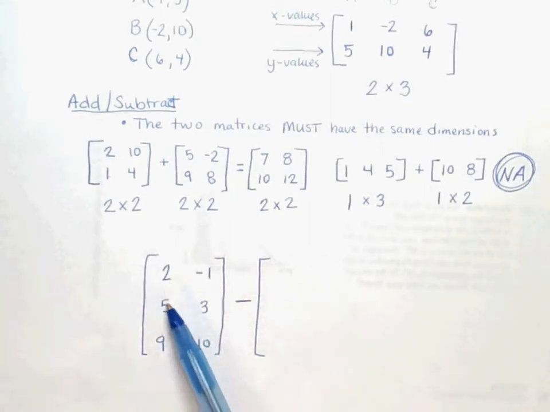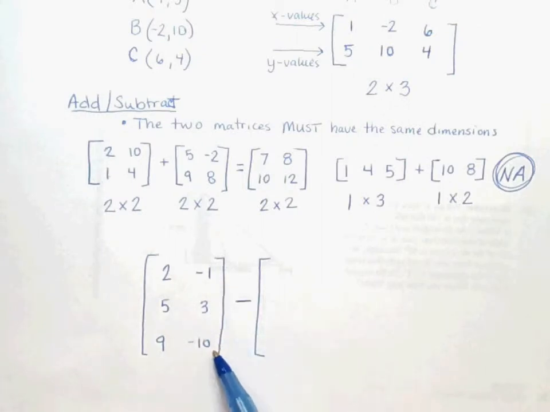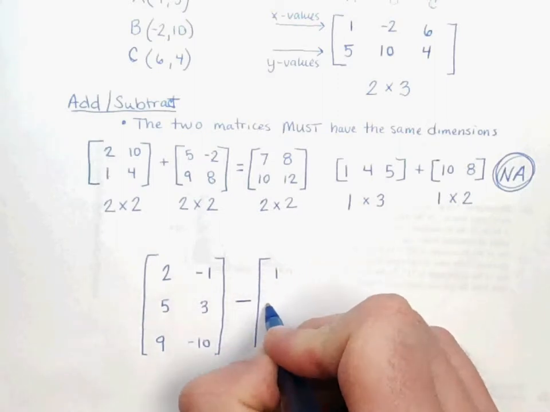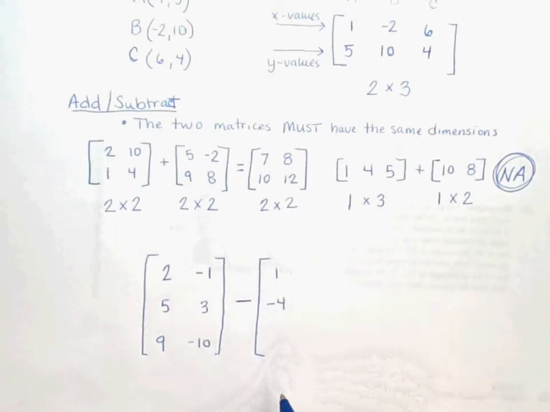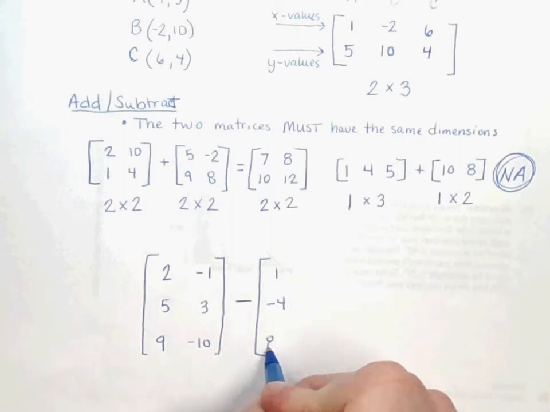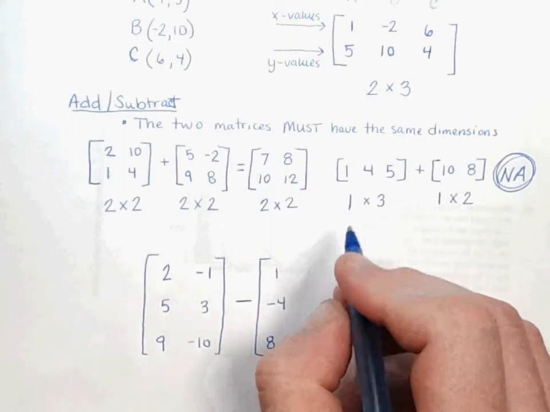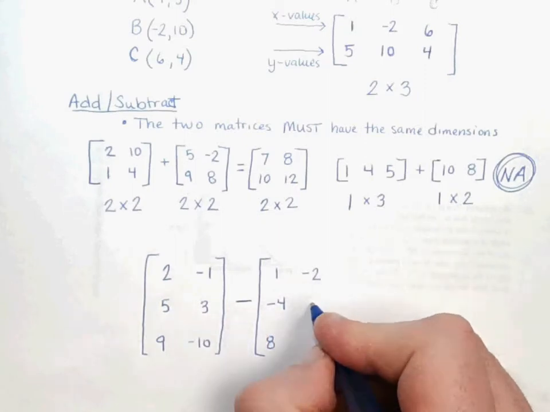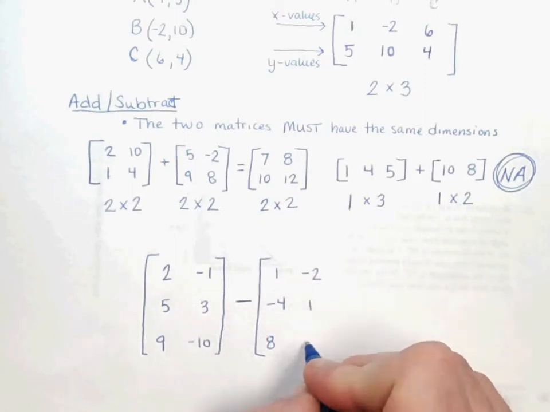Again, this one's 2, 5, 9, negative 1, 3, negative 10. Over here, let's go 1, 4, 8, negative 2, 1, and 0.